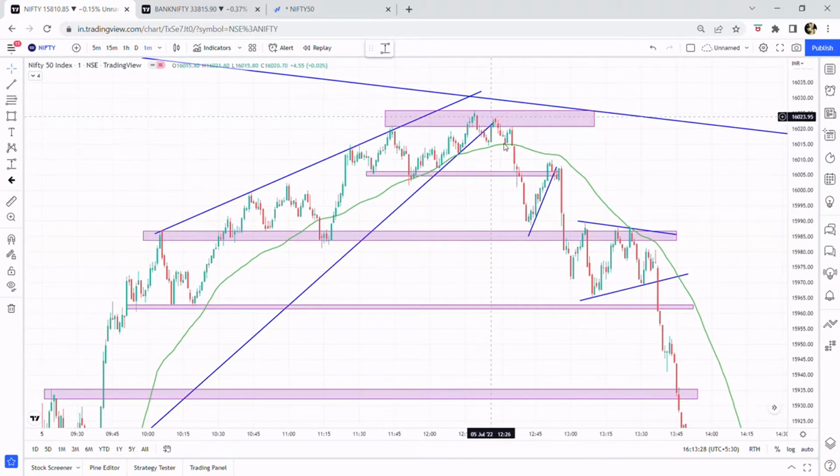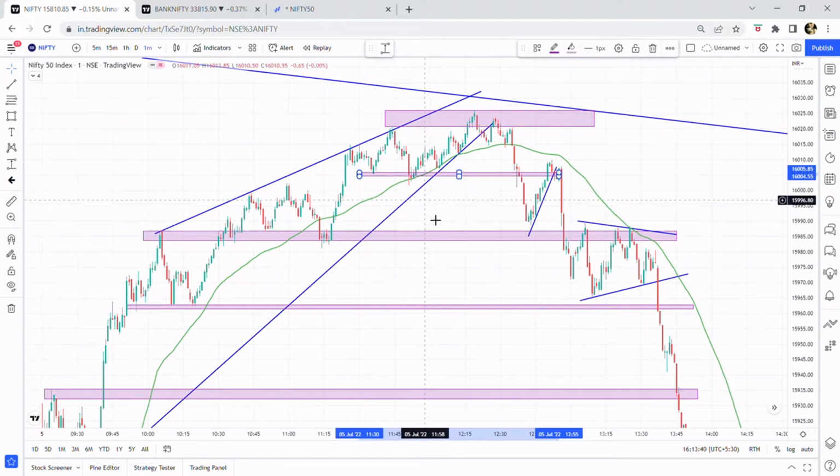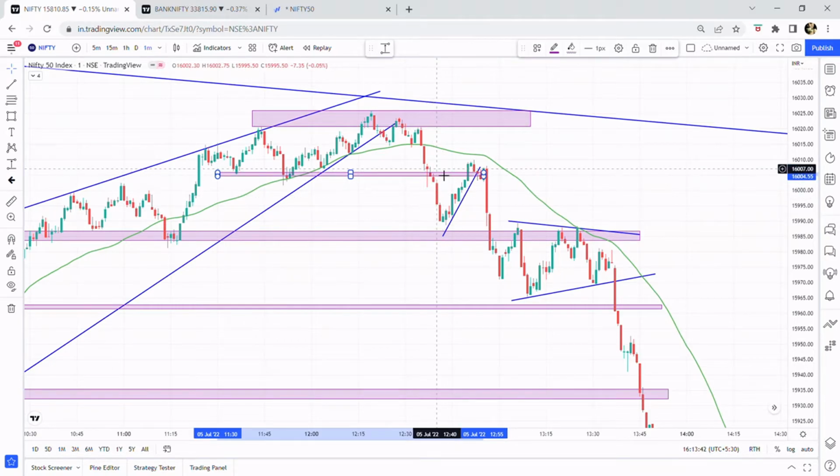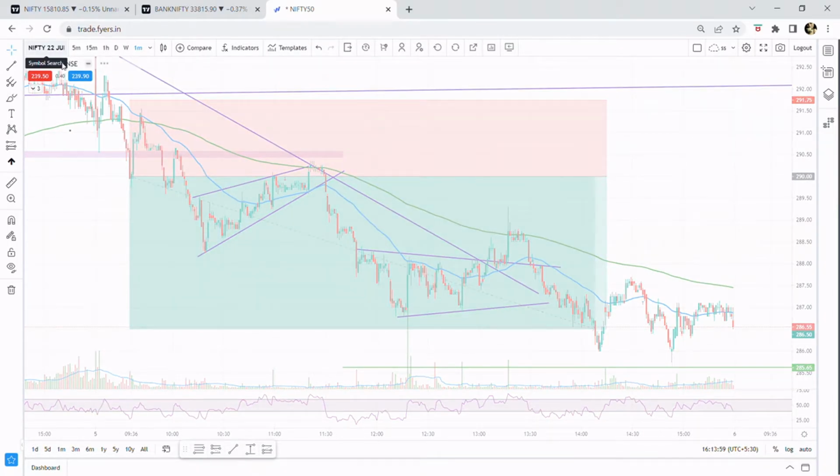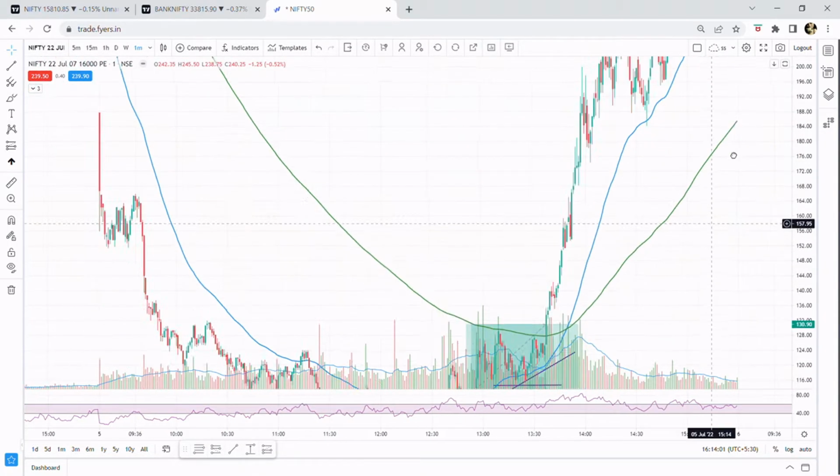So after this move it made a lower high, and also it crossed the 50 MA, and also crossed the triangle pattern, and I was waiting for this low to be crossed. When it crossed this low it went down. So again after this retest, when it crossed this level I traded 16,000 PE.